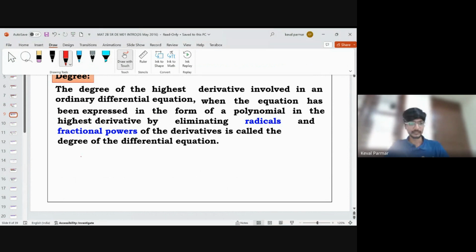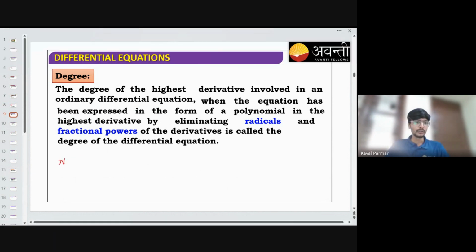Polynomial form means no fractional or negative powers. This means a polynomial.